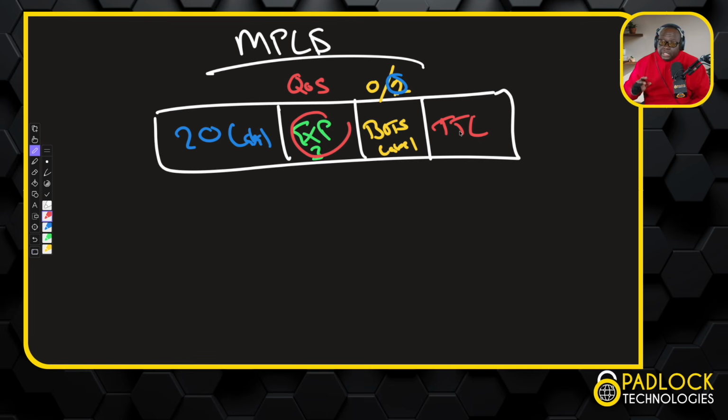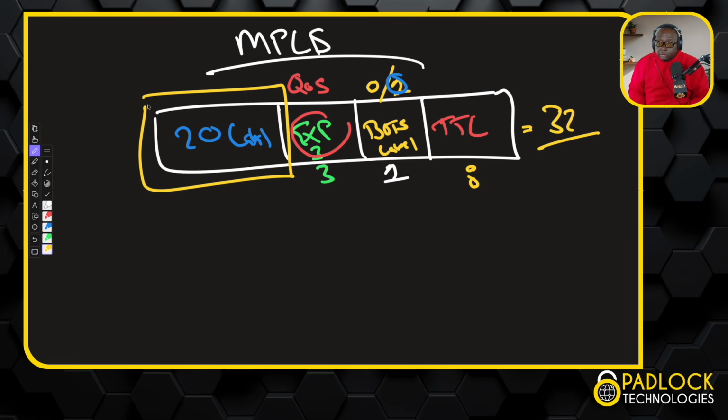Time to live. Now, I said 20 for the label, 3 for the QoS, 1 for the bottom of the stack, 8 for the TTL. And that all equals 32. Okay? Now, when you're in an MPLS network, the forwarding decision is based on the 20-bit label, right?